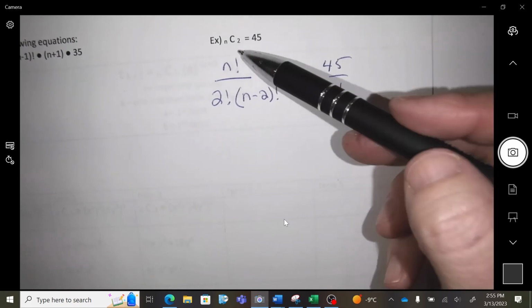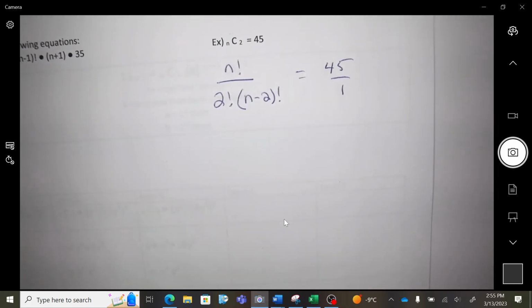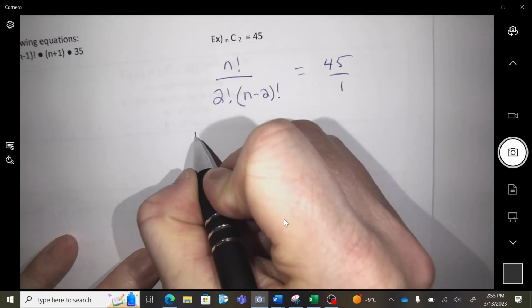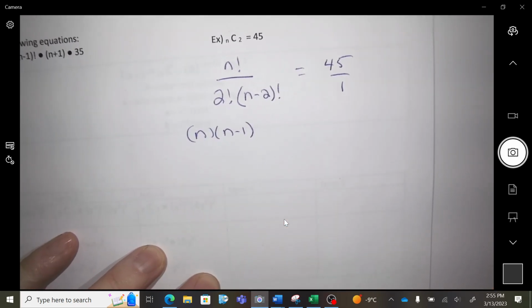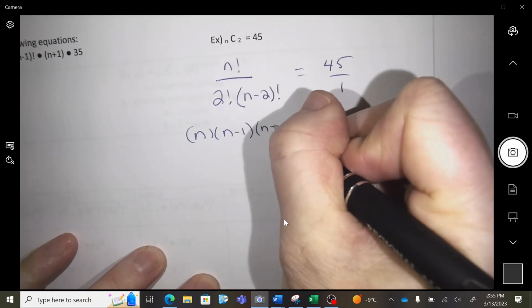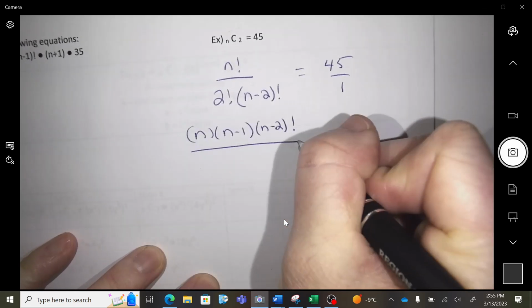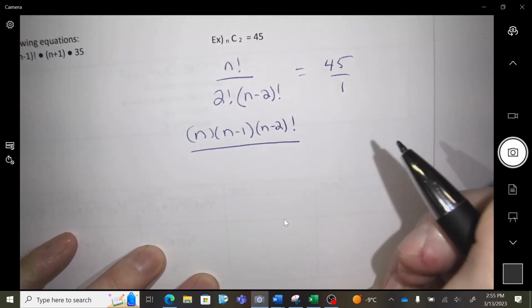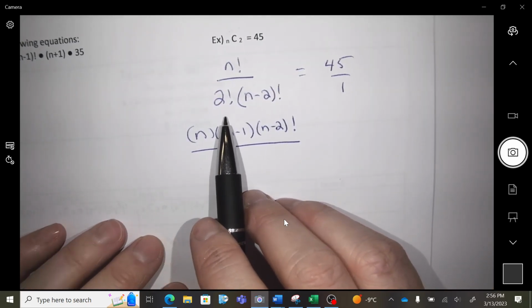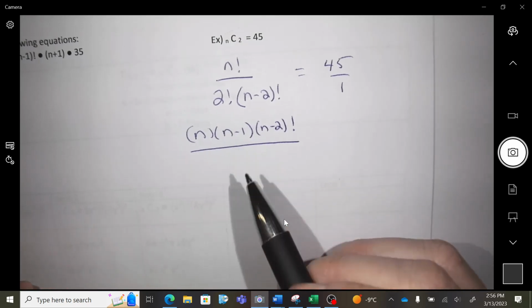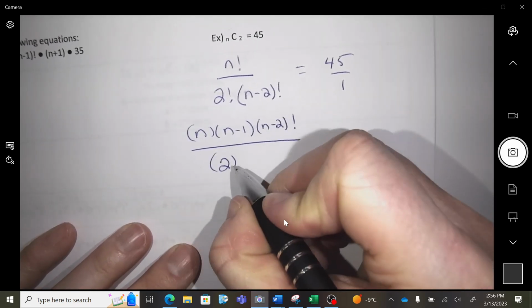Okay, now which factorial do I expand? What's bigger, an n or an n minus 2? n. So n, one lower, n minus 1, one lower, n minus 2. Does anybody know the numerical value of 2 factorial? 2 times 1 is just 2.